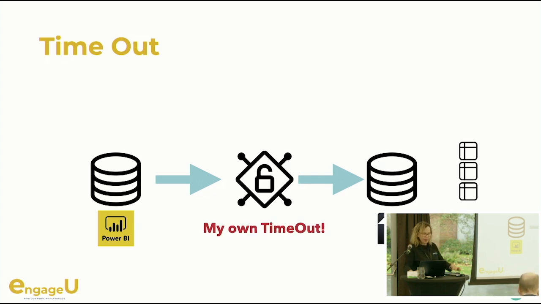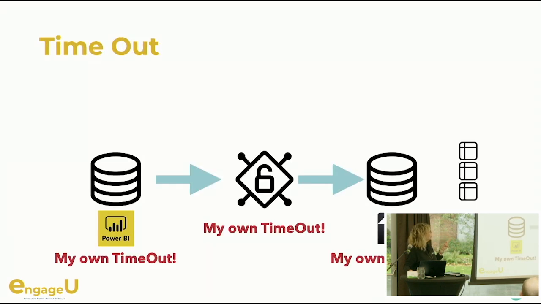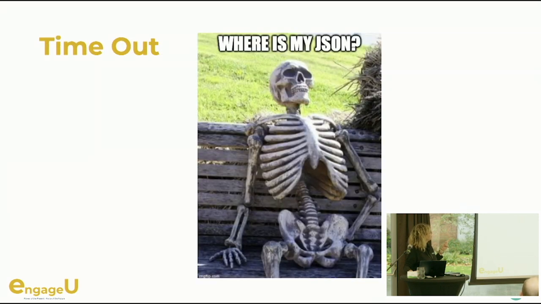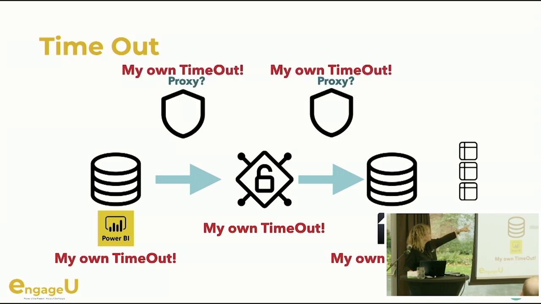Each one has its own timeout, but a REST API connection usually has middle proxies, which have their own timeout.